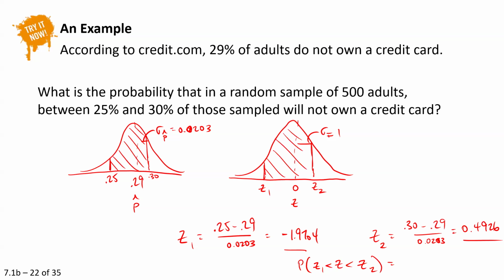Or are we subtracting the area to the left of those z values? The area. Yeah. So how do we find the area to the left of each of those? You were right about the minus part.